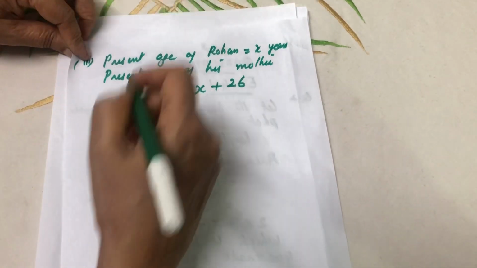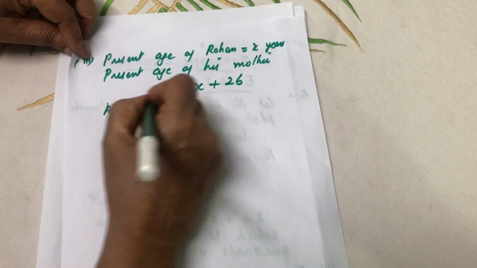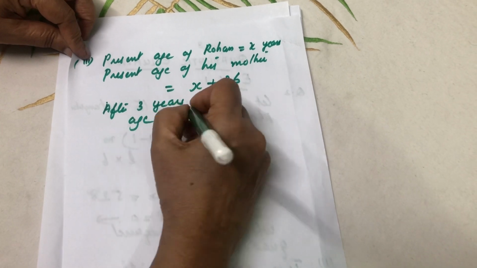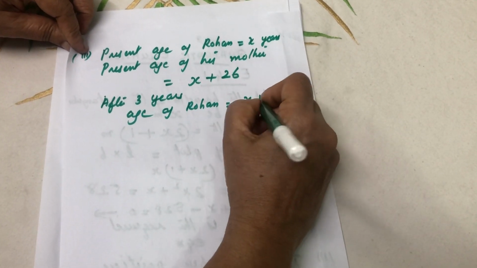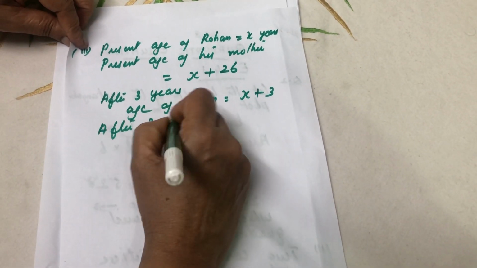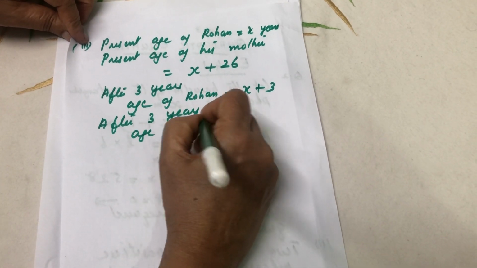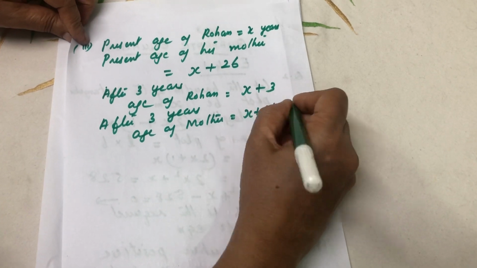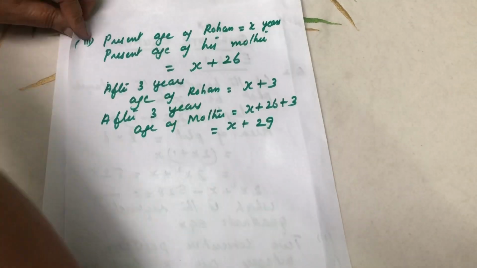After 3 years, age of Rohan. So what is the age of Rohan after 3 years? x plus 3. After 3 years, age of mother is x plus 26 plus 3, that is x plus 29.